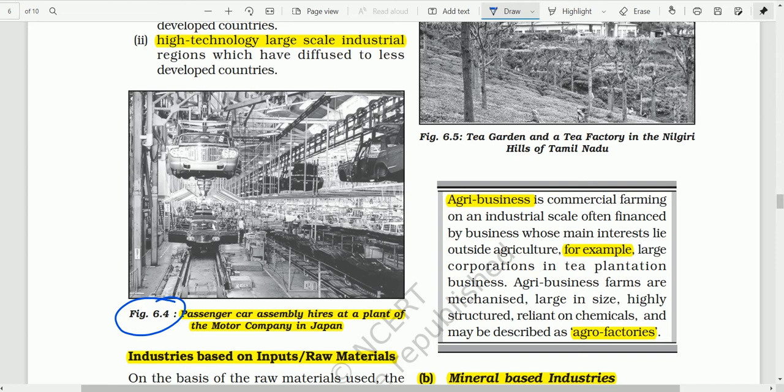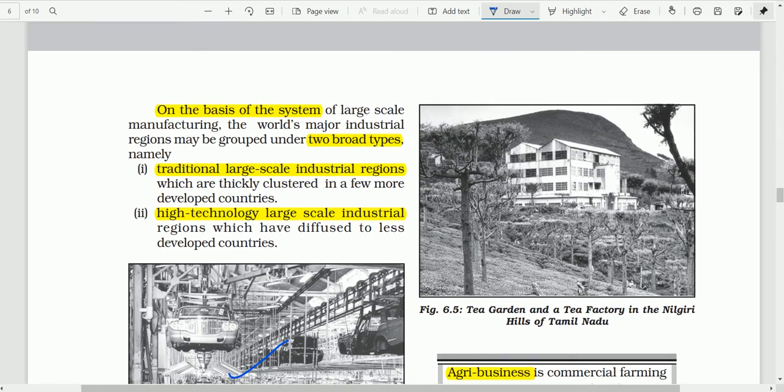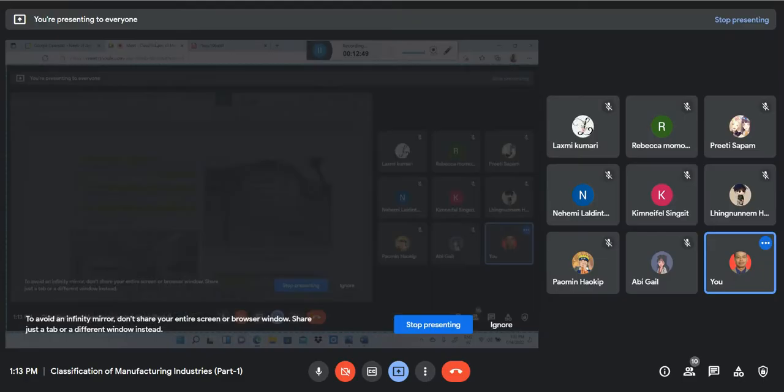This is an example of assembly line mass production. Passenger car assembly at a plant of a motor company in Japan. Up to here, any question, boys and girls? Any question, boys and girls?